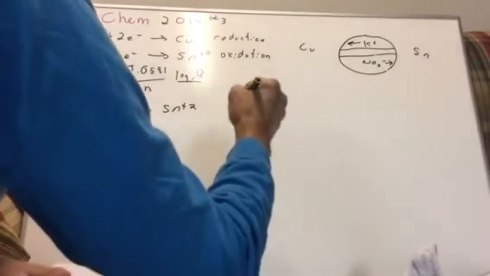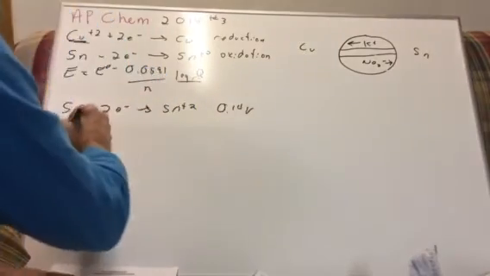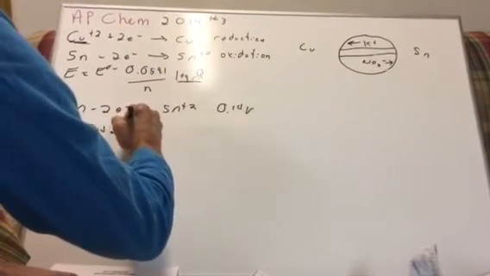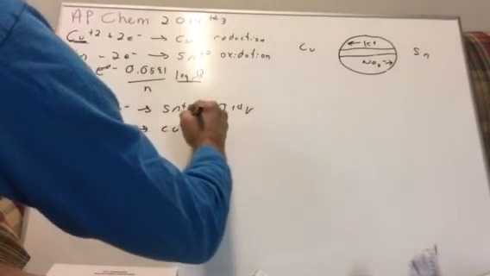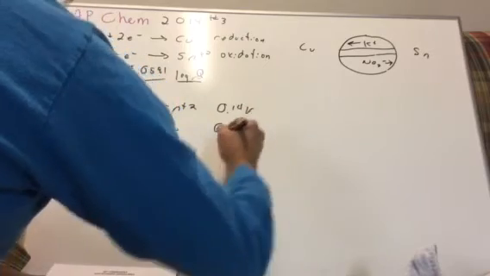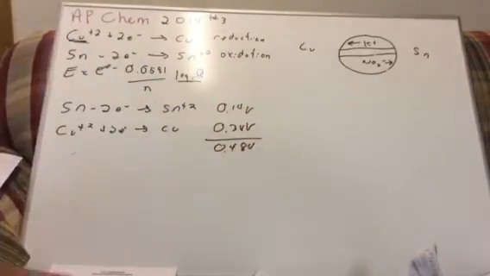That's my oxidation reaction, and that's going to be a positive 0.14 voltage. And then the copper, of course, stays the same, and that's given to us as 0.34 volts. And so you have 0.48 volts. And that is your reaction potential.